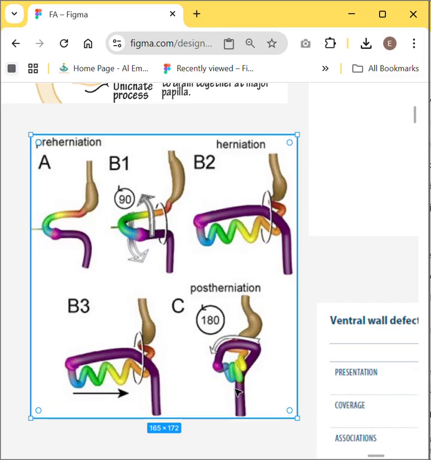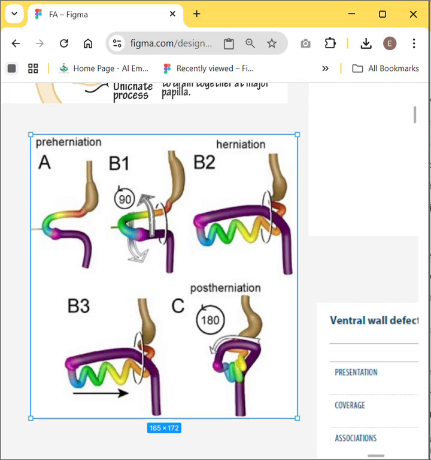And the cecum descends to the right lower quadrant. Now, a malrotation here will cause a volvulus, and a persistent vitelline duct, one that does not regress, will cause a Meckel's diverticulum, and you basically have a connection from the intestine to the umbilicus, right?